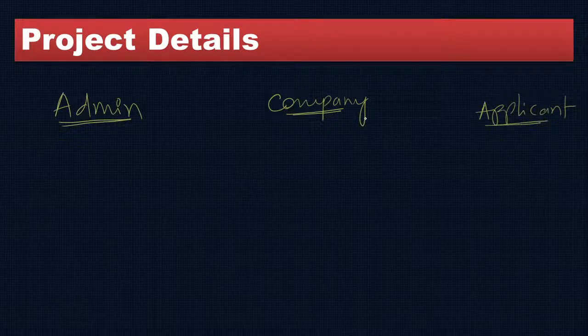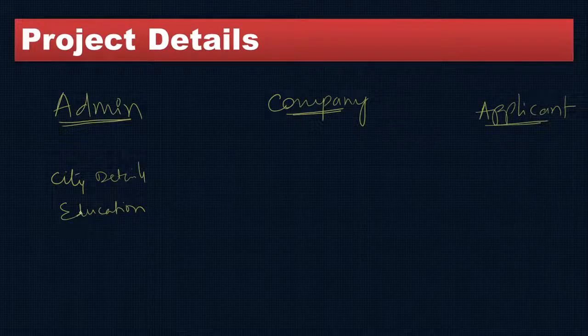Now in the admin, what options do we need to provide? The admin can log in and go to the main page. Here we can provide cities, like which city a company belongs to, so you can have city details. Next, education qualification: when the applicant applies, it shows which branch or course he completed.